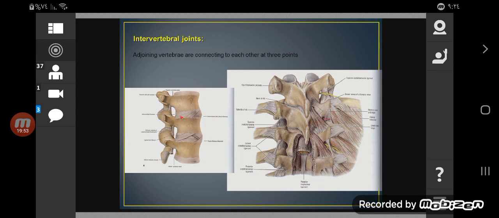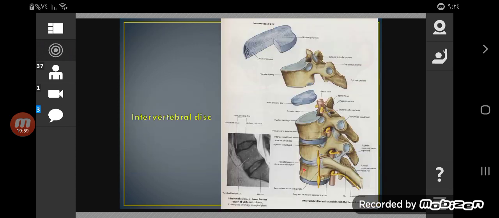The intervertebral disc is the fibrocartilage between two bodies. If you see this picture, you can find this is the intervertebral disc, a fibrocartilaginous disc.